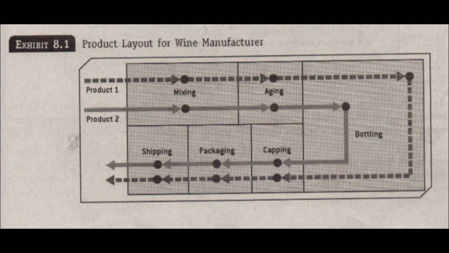Exhibit 8.1 is an example of product layout for a wine manufacturer, wherein the product goes to mixing, aging, bottling, capping, packaging, and then shipping.